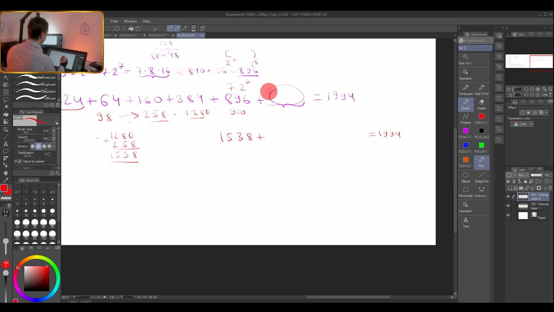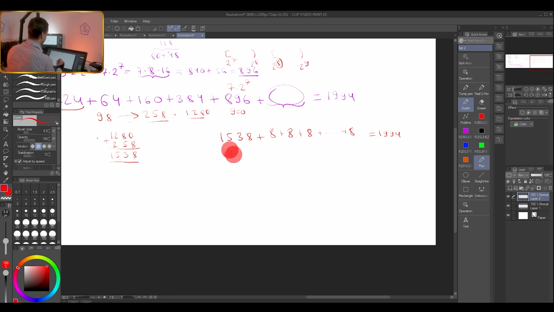Now we go to the interval from 2 to the power of 8 to 2 to the power of 9. Each number here contributes simply 8, this power. So plus 8, plus 8, plus 8, and so on.